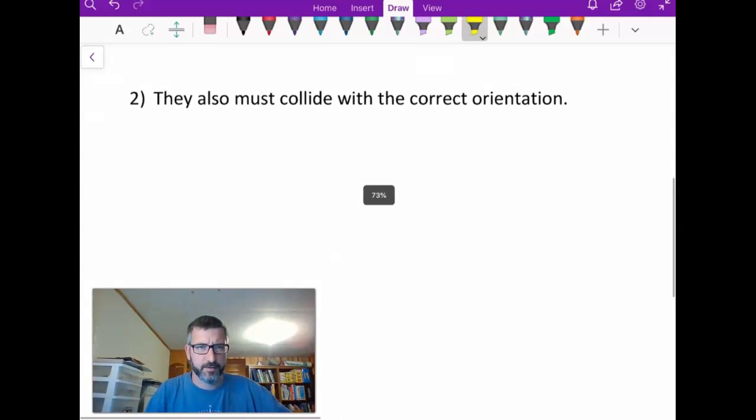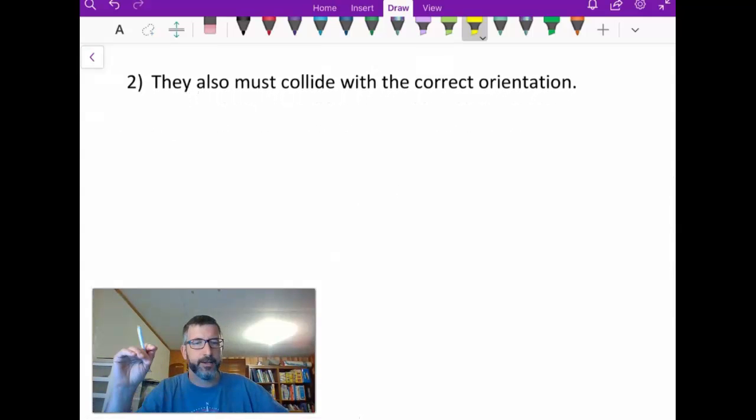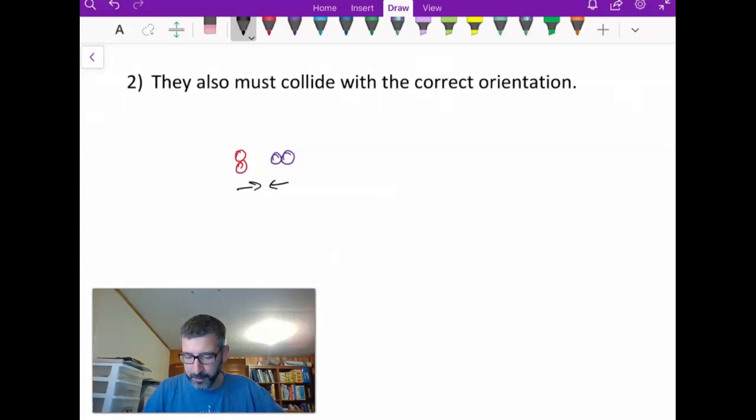So hopefully you watched the video in addition to doing the reading. The teacher video had some examples, but basically, if you have particles that are oriented in a couple of different ways, when they collide with one another, they come together. If they're in this orientation, maybe they don't react.